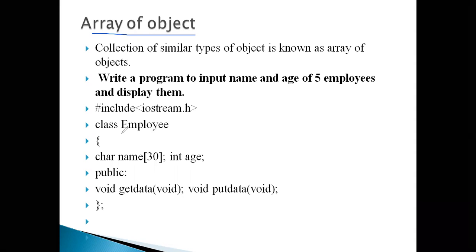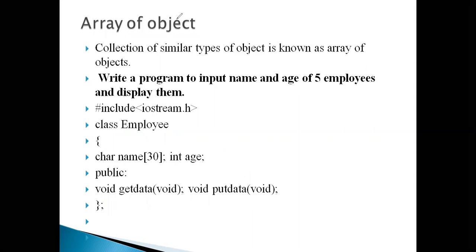Simply, I am defining a class with the keyword class and then an open brace, the beginning of the class, and specifying name with the char data type and age with the integer data type in private mode. In public, I specified the get data function and put data function. Thereby the class terminates. So in the class, I am defining two data members and declaring two member functions.